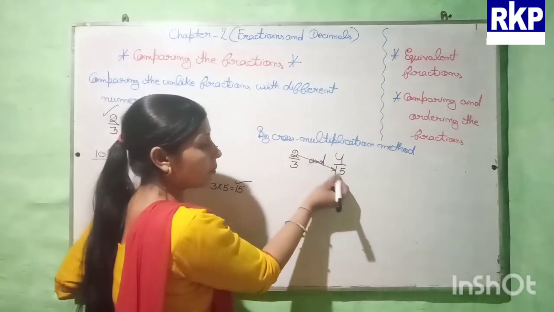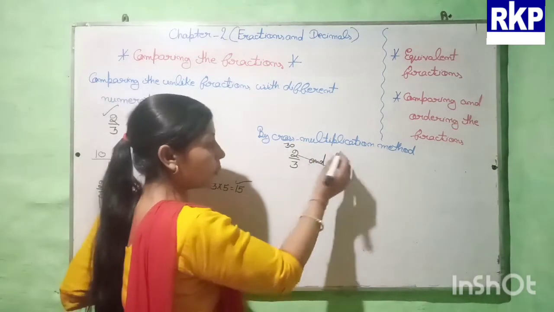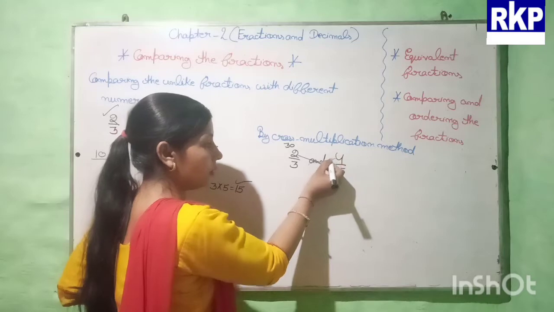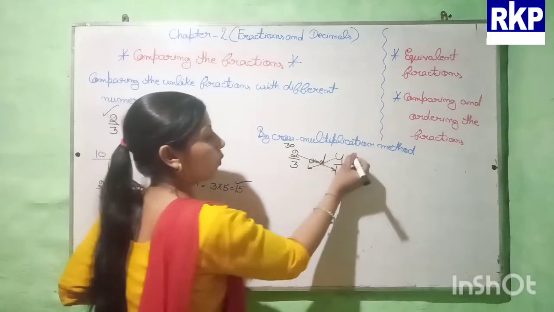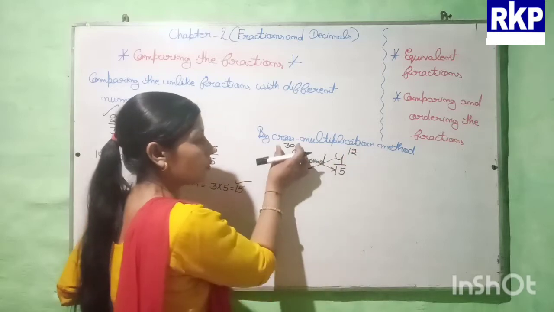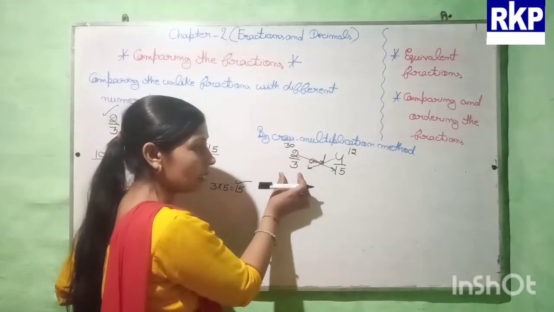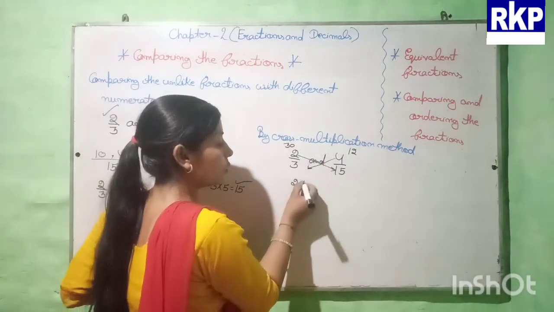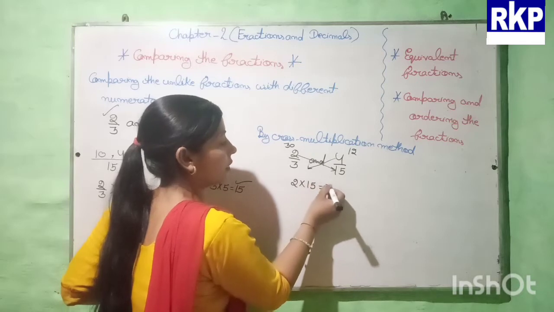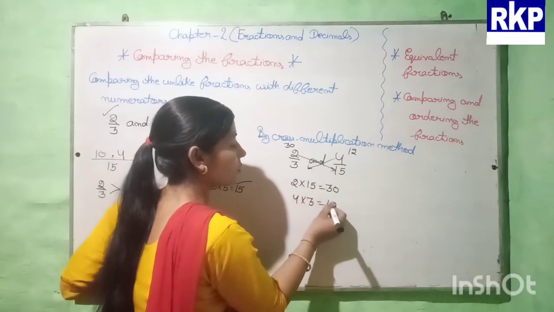So 2 multiplied by 15 will give us 30, and the numerator of this fraction we have to multiply with the denominator of the first fraction. 4 3s are 12. So 30 is greater than 12. So 2 by 3 is greater than 4 by 15. Okay. 2 multiplied by 15 will give us 30, and 4 multiplied by 3 will give us 12.